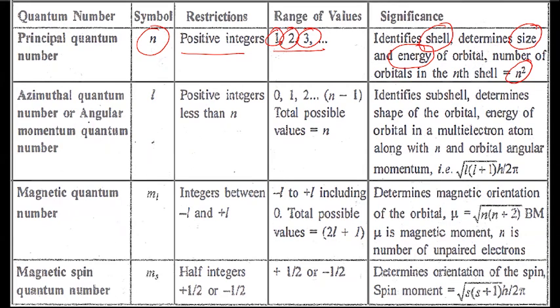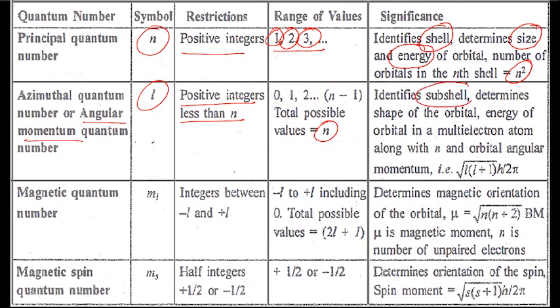Azimuthal quantum number, or angular momentum quantum number, L. This will be 0, 1, 2, 3, etc. So it will always be positive, starting with 0. For the sake of mathematics, 0 is considered positive. 0, 1, 2 to n minus 1. Total values will be n, but their values will be 0 to n minus 1.